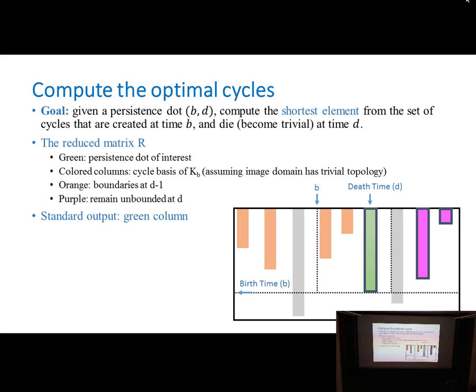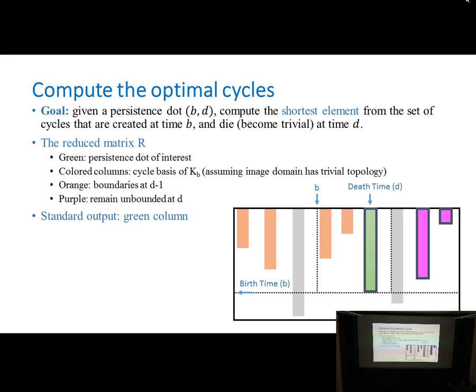So next, we look at the shorter columns before the green one. And actually, these columns are the set of all the cycles that are in the complex at time B, and also that become boundaries before the time D already.